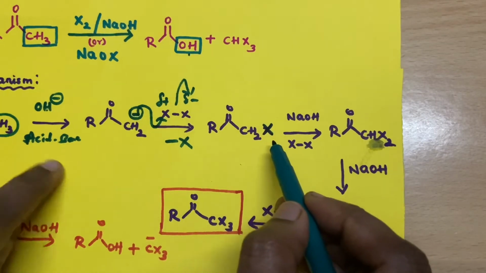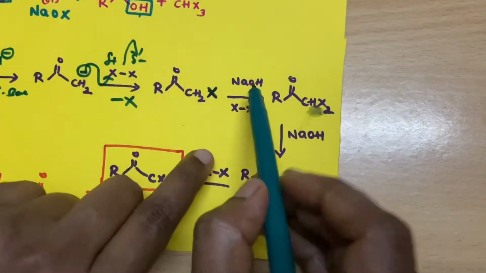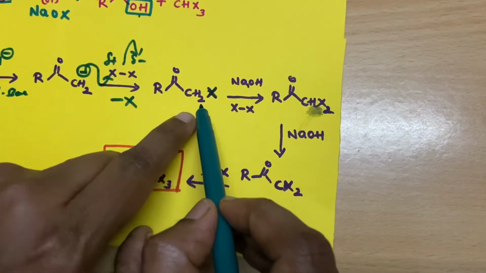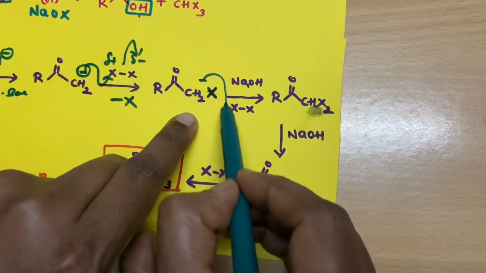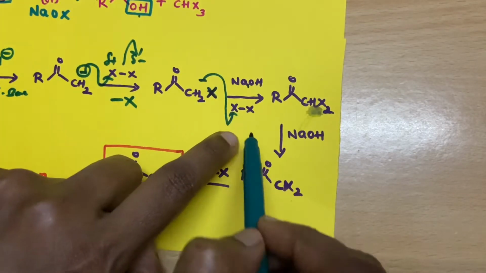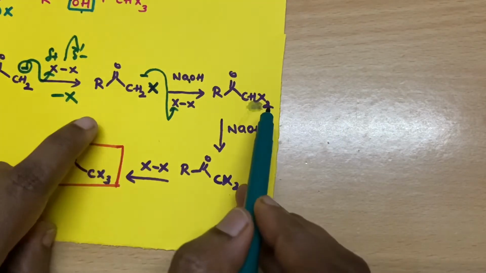This step is going to take place 2 times again. Sodium hydroxide is going to remove a proton from here, thereby creating a negative charge which then undergoes a substitution with the halogen. So another hydrogen got replaced.